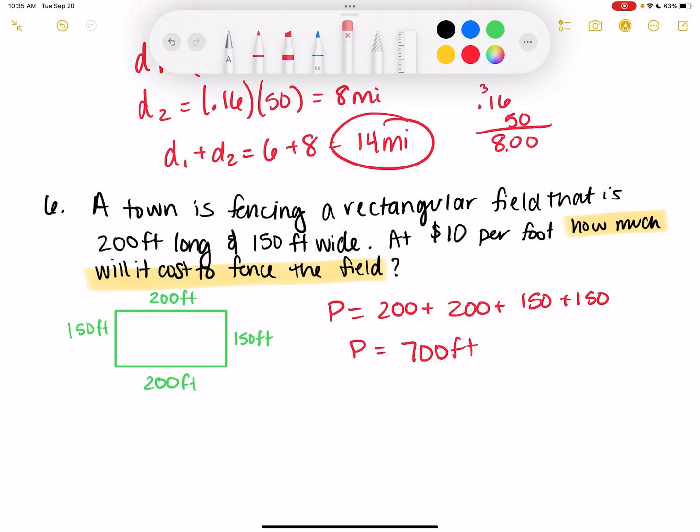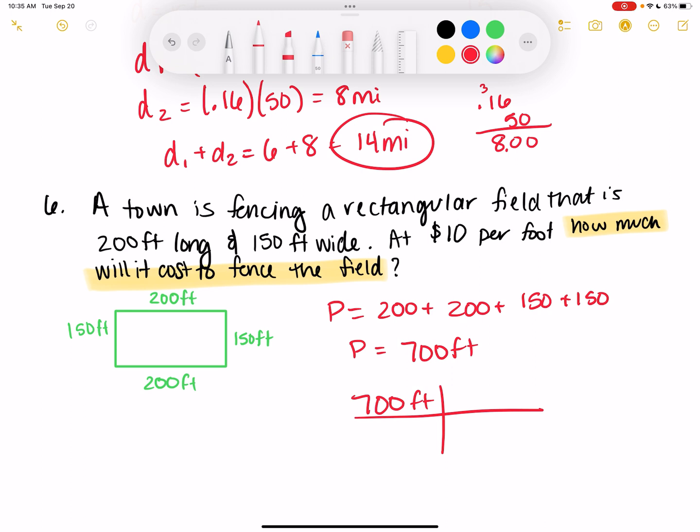Whoa. Wrong thing. So 700 feet times, I like to do it this way. When you get to Miss Marshall's class, well, next year, physical science, she will show you this way. So I'm just going to show you how to do the units so you've seen it before when you get there.